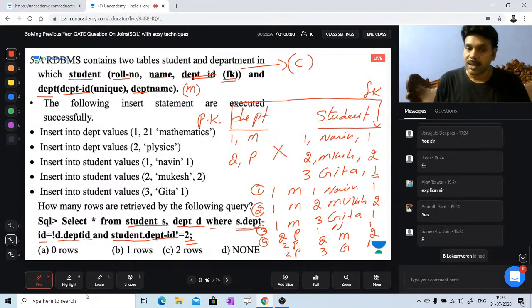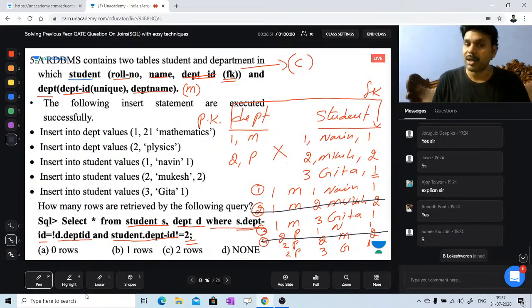Now he said that department ID is not equal to 2. Now you cut off some tuples where the student or department ID is equal to 2. Please observe here: this is not equal to 2, this is equal to 2, right? So this is not going to come and this is not going to come.